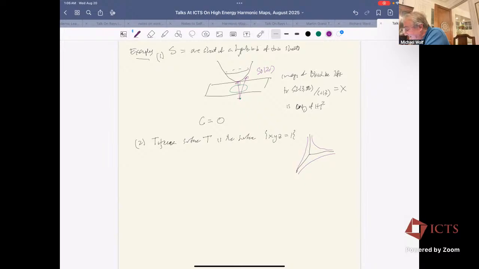It's a graph over a triangle, say from this origin. And so that's the RP2 structure.